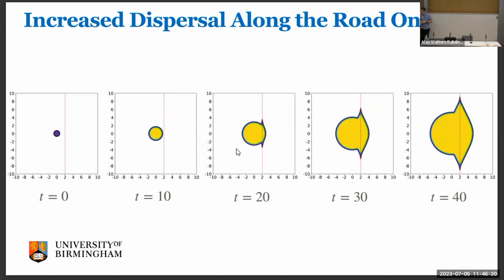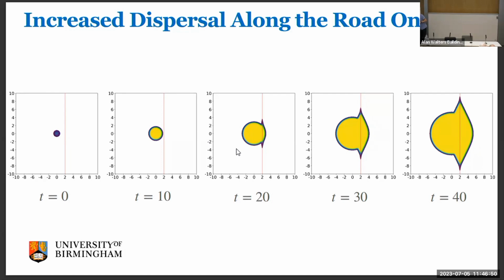And we actually see not just an increased rate of invasion along the road itself, but also spreading out to the population density as a whole and increasing the whole population density. So here we can see that under certain conditions, the road can lead to an increased rate of invasion, and under other conditions, as before, it can have the opposite effect.